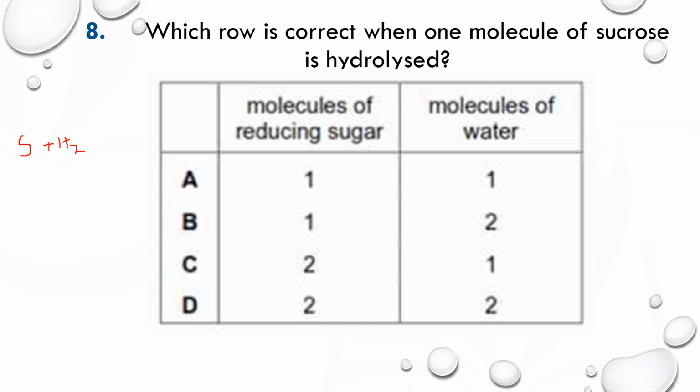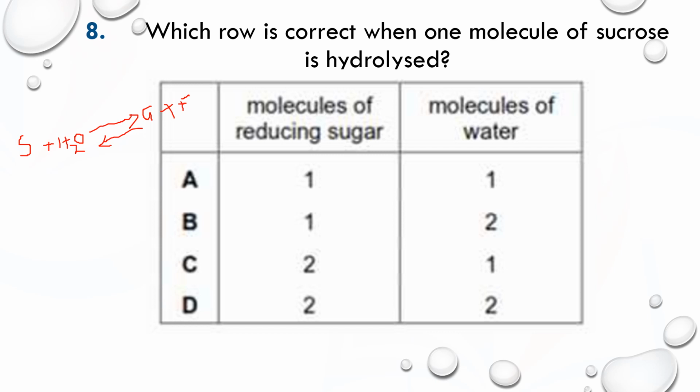Or with acid, HCl, you are going to break this down. Sucrose forms glucose G and fructose F. So this is the forward reaction, hydrolysis. You can also have the backward reaction, which is condensation.